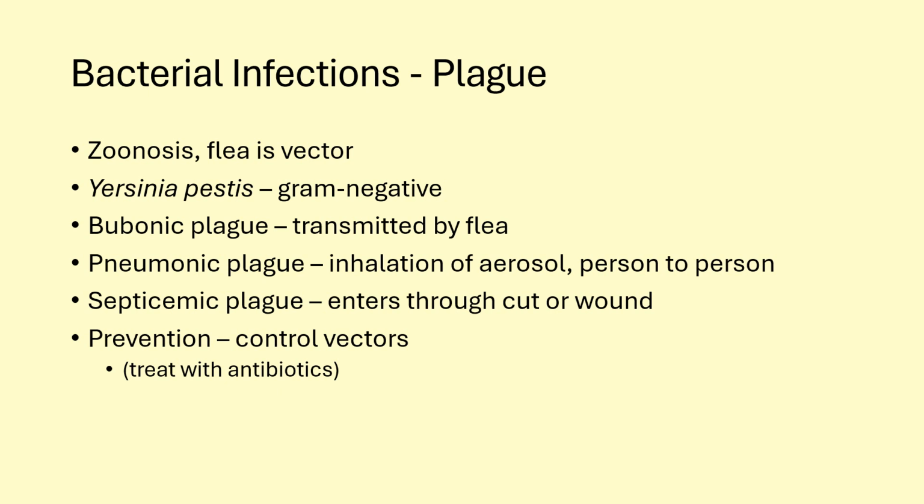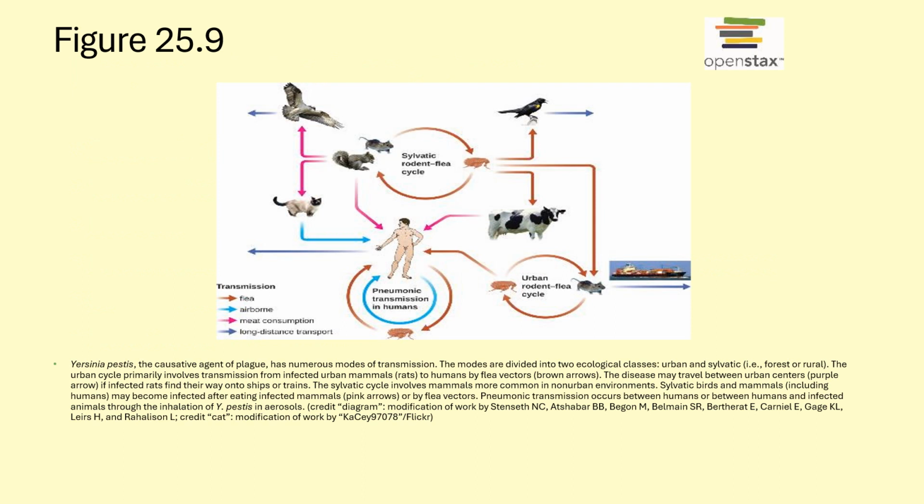Now the flea's on your dog. And then when you get home, unfortunately, now the flea can go from the dog to you. So just be aware of that. It can be treated with antibiotics. And this is just showing kind of how the life cycle can happen, that the flea can get on various animals and end up back on you.